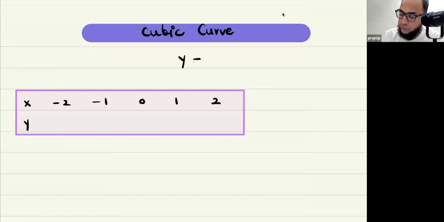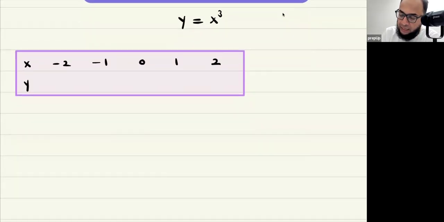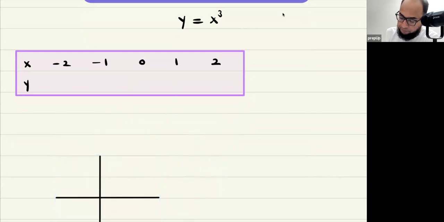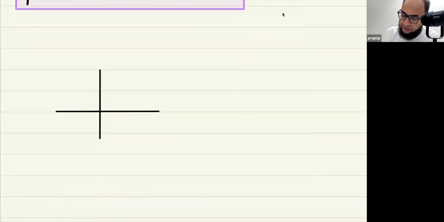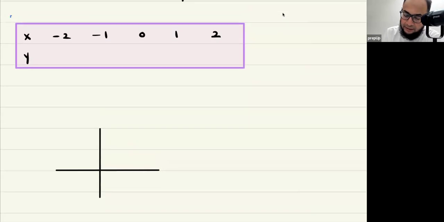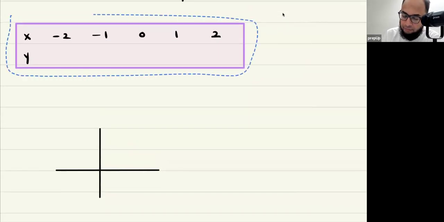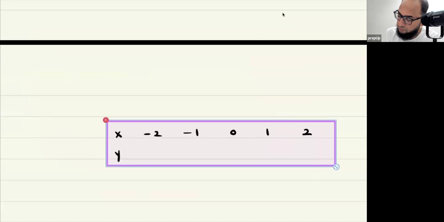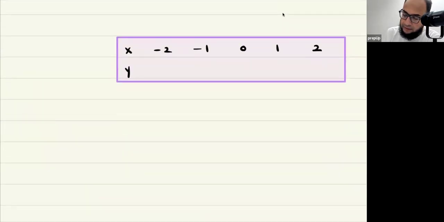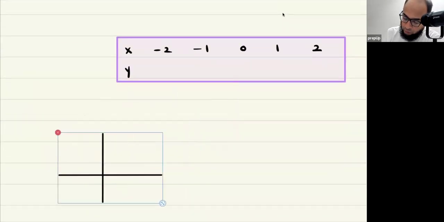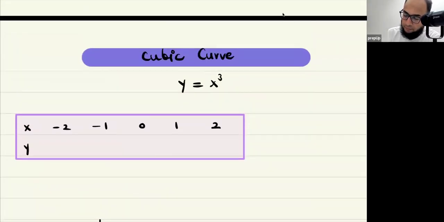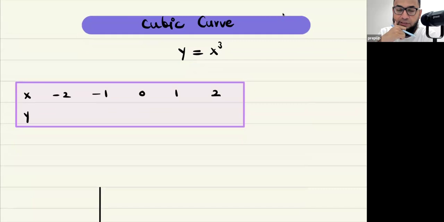The equation is y equals x cubed. Let me first do the needful. Let me put the grid over here. And similarly, if I take this and shift it onto the next page, the grid goes somewhere over here like this. Now cubic curve y equals x cubed.